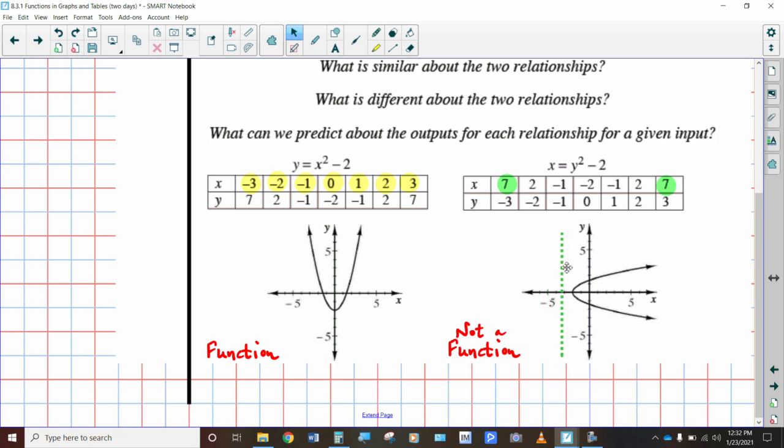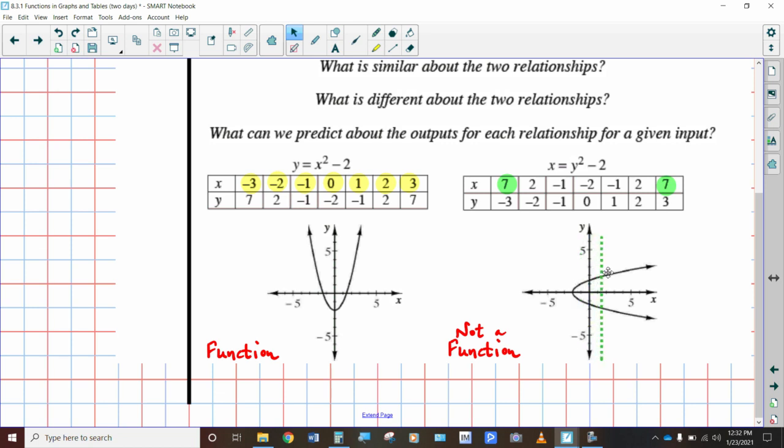So now let's look at the vertical line test. This is the only point of this parabola where one value for x gives you one value for y. That's what you call the vertex of the parabola. But as you go across now, notice how when x is equal to negative 1 here, you get two different values for y.